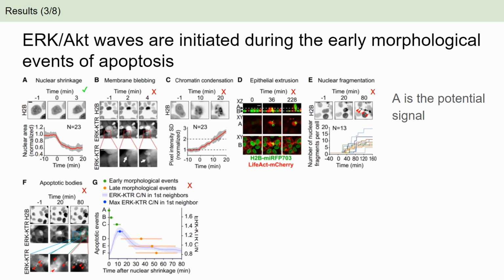But eventually they found that the easiest one is the nuclear shrinkage, because they're able to calculate the nuclear area in real time. But the other things might not be very obvious in real time, so it's very hard to detect automatically. That's why they just focus on nuclear shrinkage.